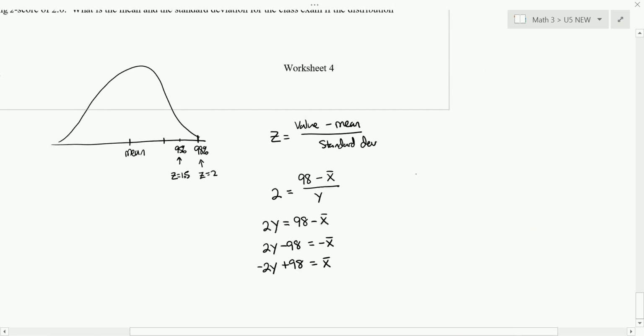I'm going to do the same thing with the next set of information. A z-score of 1.5 is 95 minus x bar over y. Multiply both sides by y, you get 1.5y is 95 minus x bar. Subtract 95.